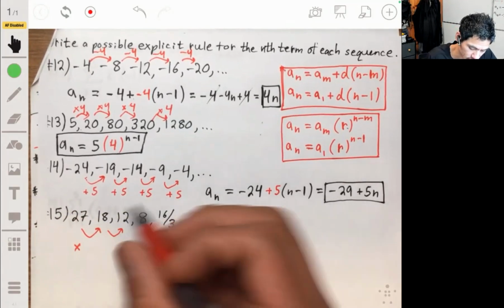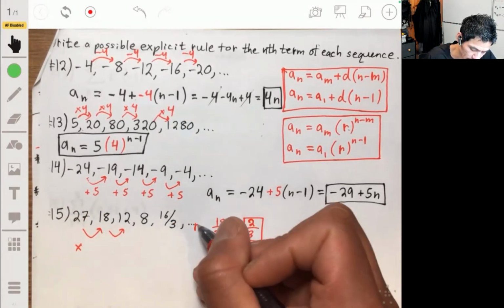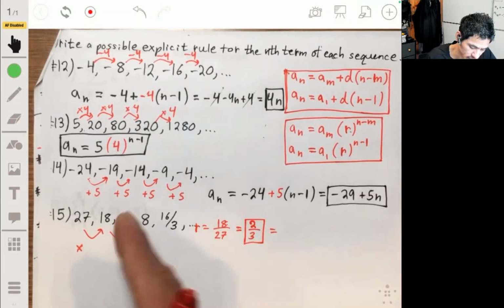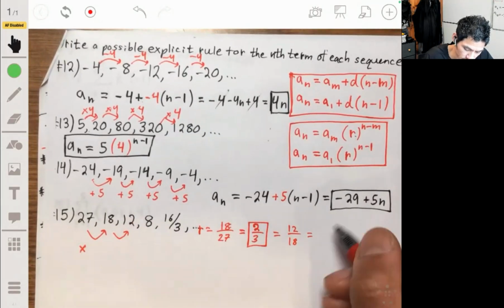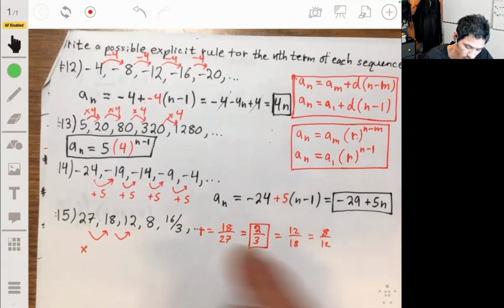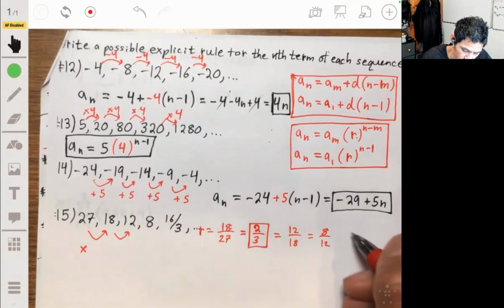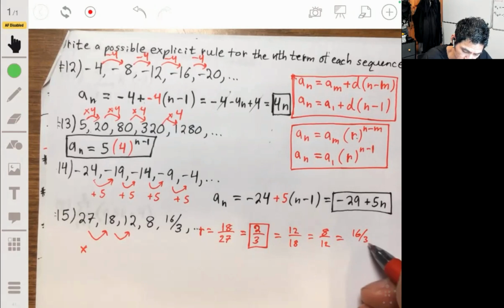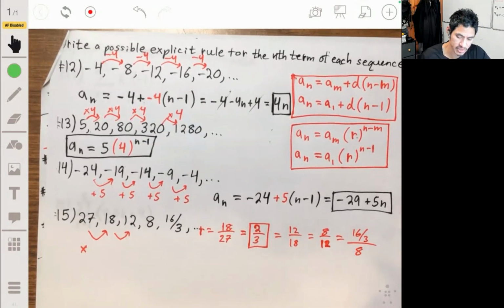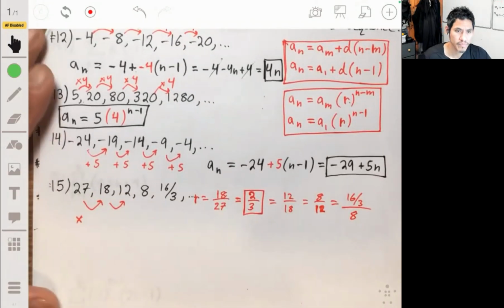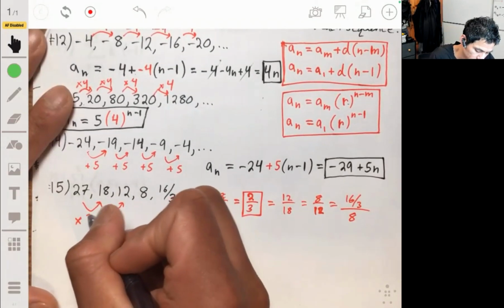So you can write r is equal to this, but it's also equal to 12 over 18, or 8 over 12, or even 16/3 over 8. You're going to get 2/3 for each of these, because you're multiplying by 2/3.